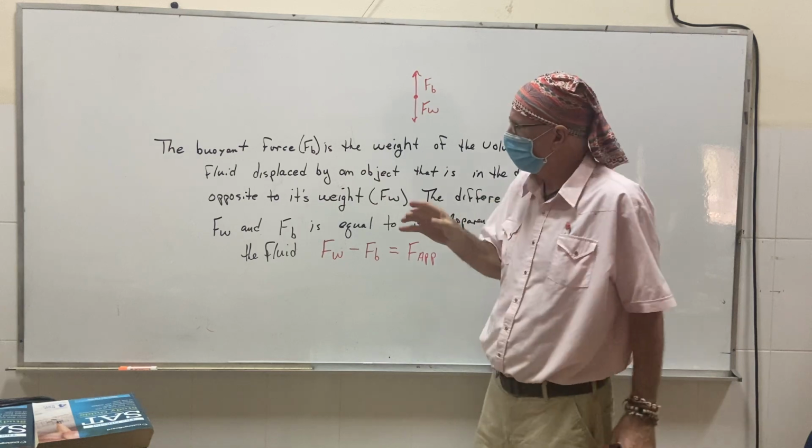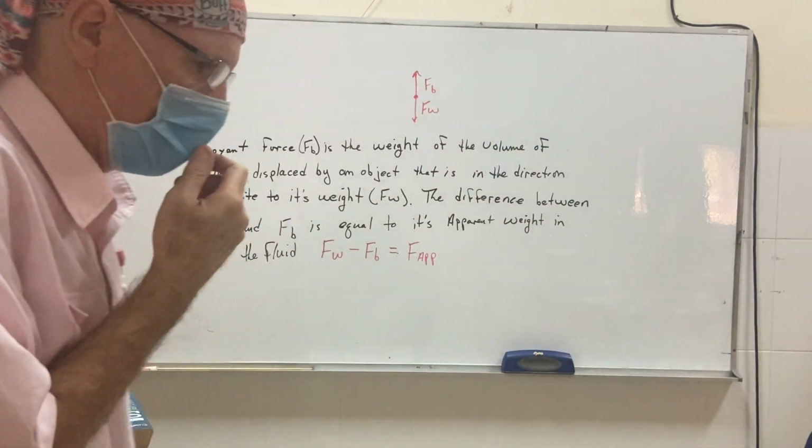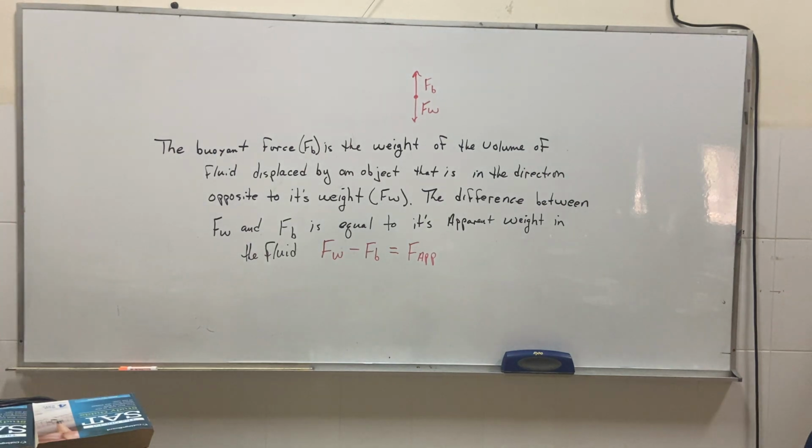The buoyant force, let's read what I have on the board together, okay? I'll come off camera so you can hear my voice. It says, the buoyant force, F sub B, is the weight of the volume of fluid displaced by an object that is in the direction opposite to its weight.